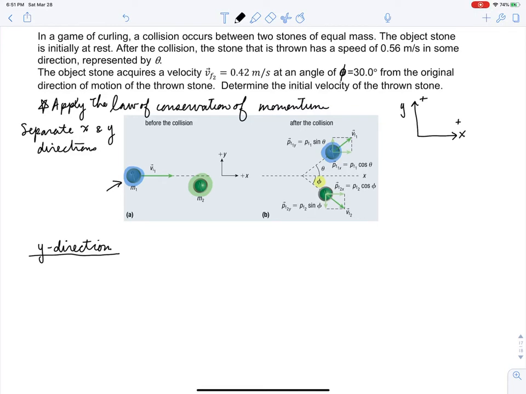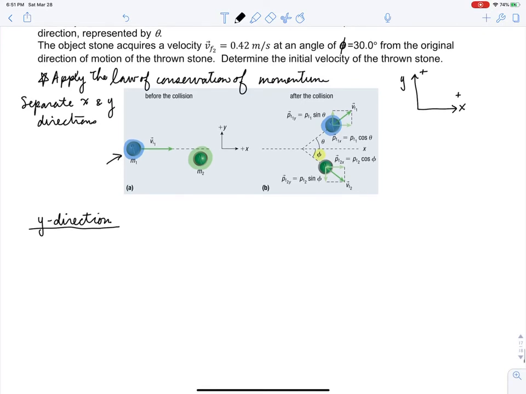And we know, therefore, that its initial momentum in the y direction must equal 0. If that's the case, then what must also be true is that the final momentum in the y direction must also be 0 after the collision.